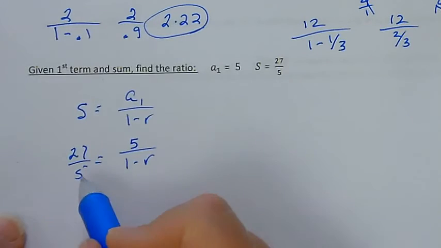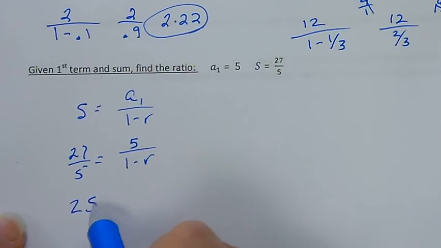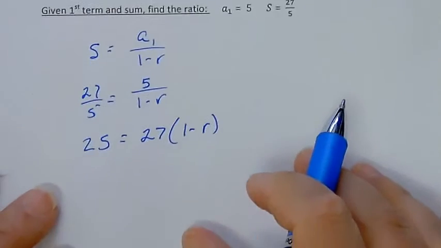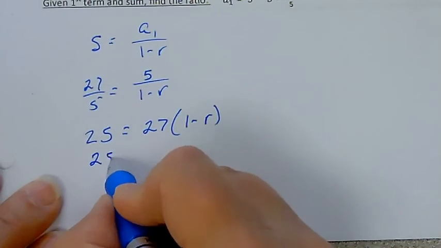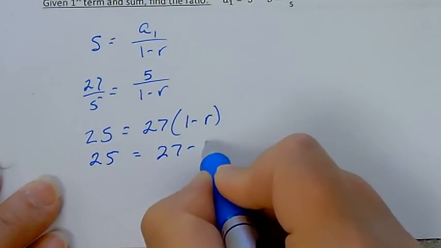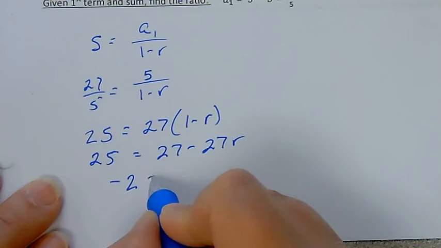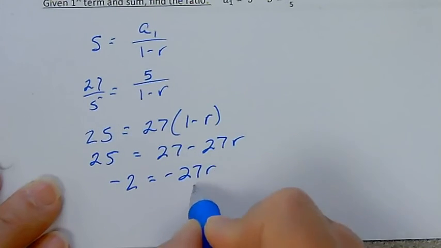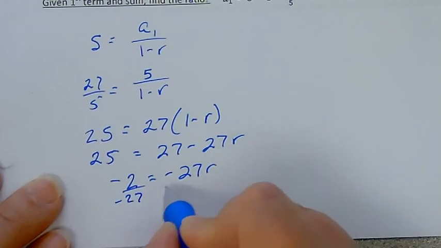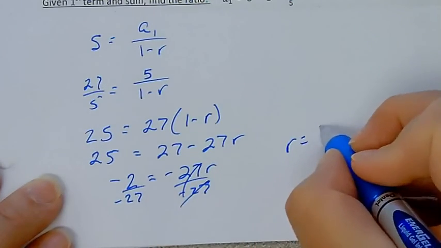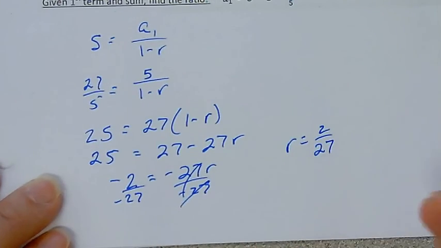So 5 times 5 is 25, equals 27 times 1 minus R. So 25 equals 27 minus 27R. Negative 2 equals negative 27R. So divide by negative 27. The rate on this one is 2 over 27. You can see how it would converge because 2/27 is smaller than 1.